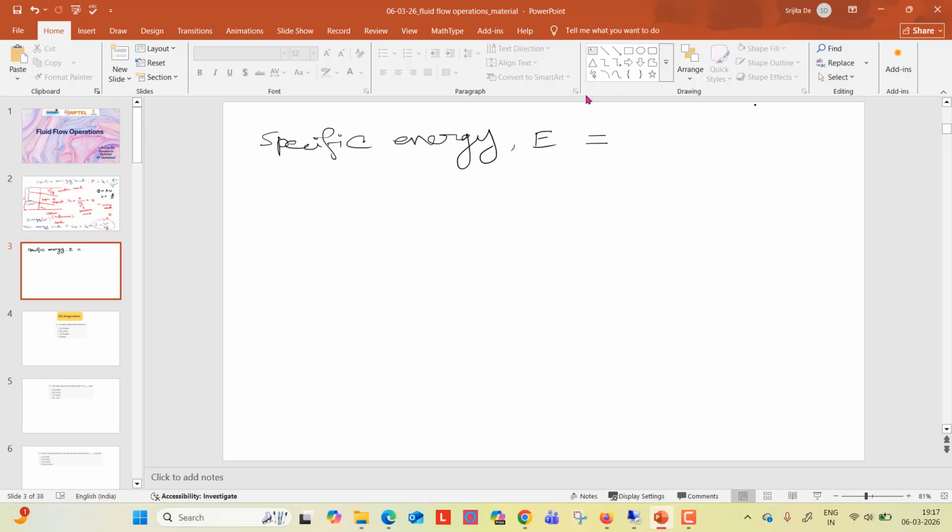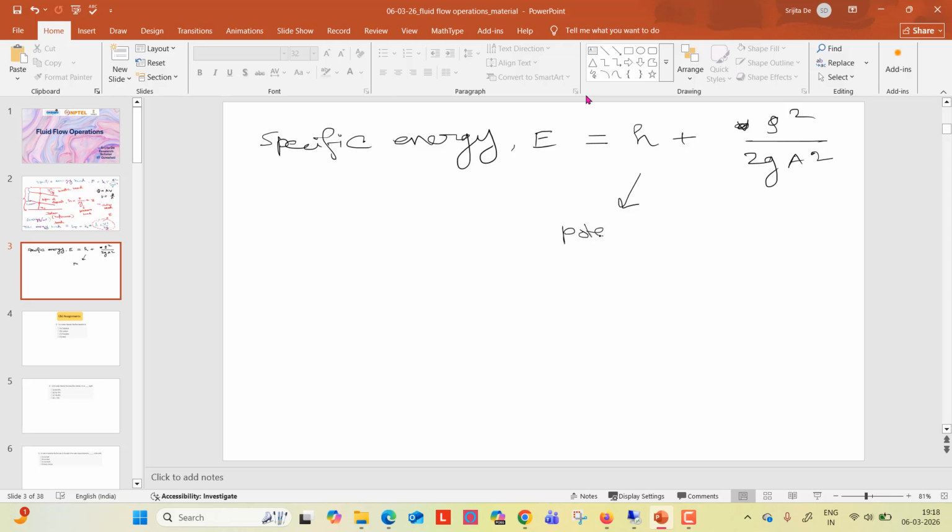Now we have the expression h plus v square by 2g, which we write as h plus q square by 2g a square, right? H is your static head, and the other term is the kinetic head.